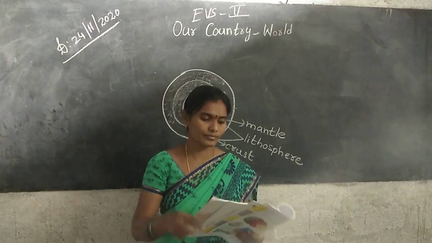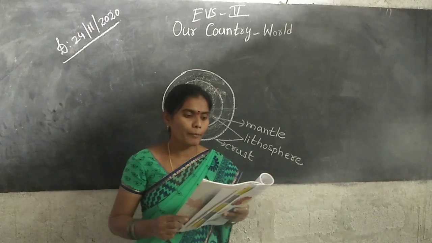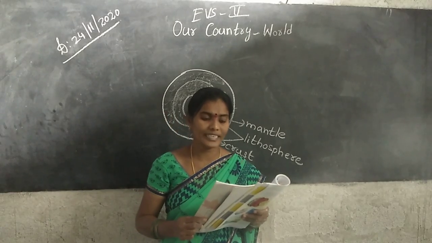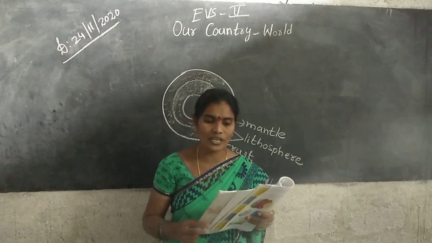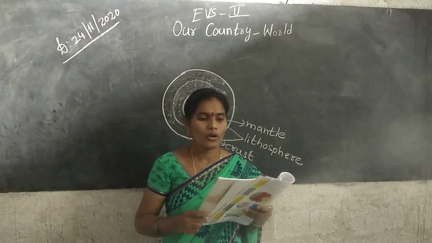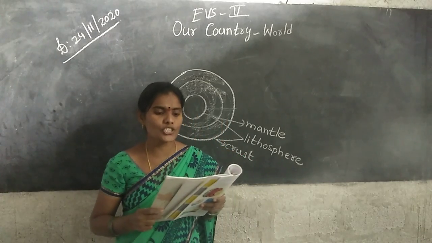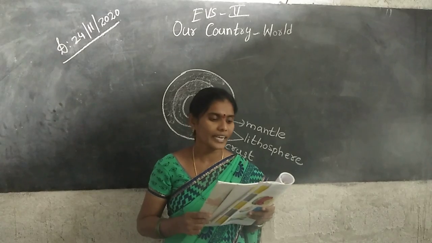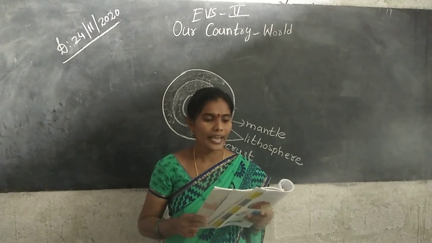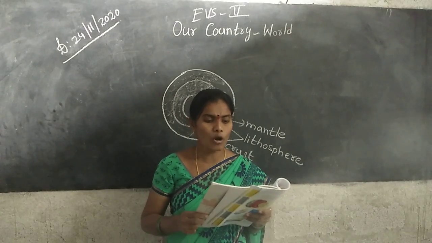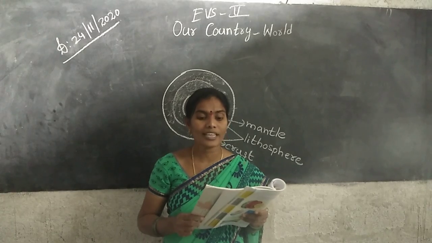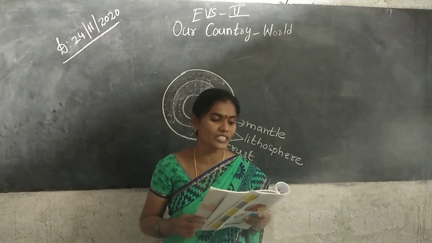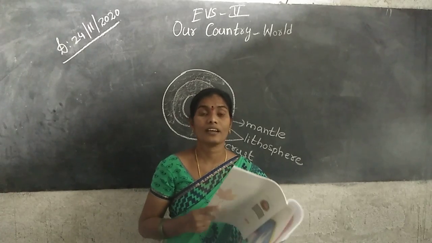Next, the Mariana Trench, the deepest ocean point. The Mariana Trench, the deepest ocean point in the world, is in the Pacific Ocean. If Mount Everest was placed here, there would be about 2 kilometers of water above it.